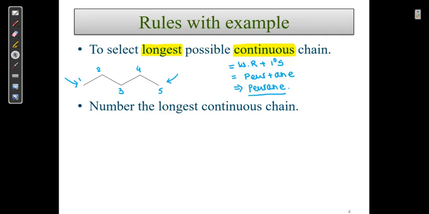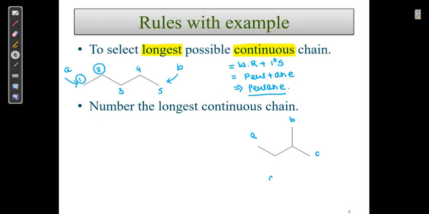Then number the longest continuous chain. Whatever numbers I have given, in that way you have to give the numbers. You can either enter from this A side or from the B side. The second case is, suppose there are three possibilities. I can give a number from the A side, from the B side, or from the C side.